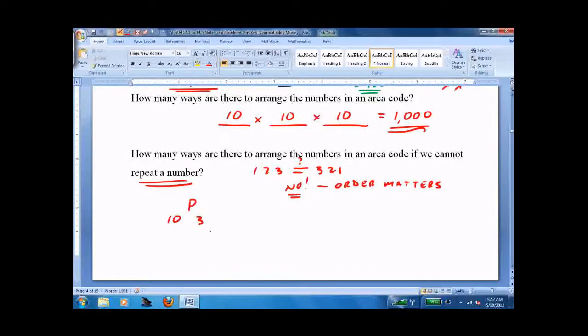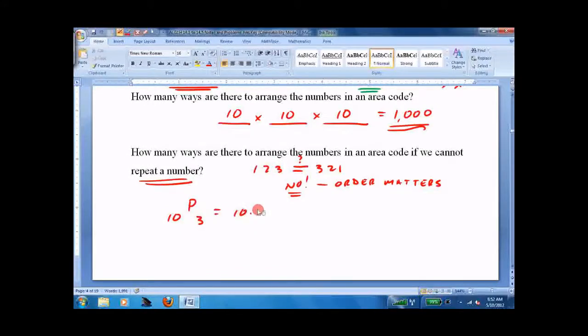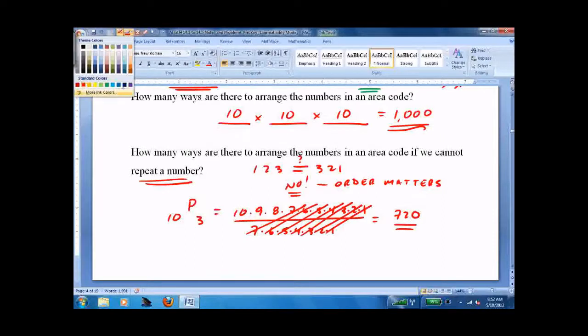We're picking 3 of them. That's 10 factorial on top. 10 minus 3 is 7 on the bottom. Equals 720.